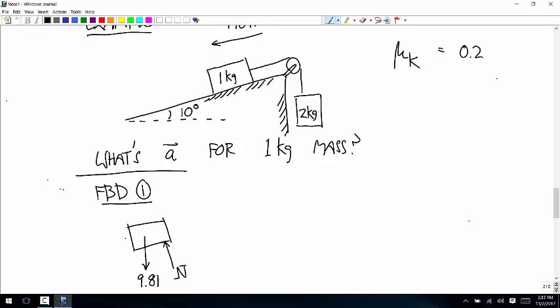And then this box is moving down the incline, so the friction force has to be up. So that's 0.2 times N. And then keep going around, and there's contact with the cable, so there's a cable tension T. And now we've accounted for all the contact with the boundary, so we're done.